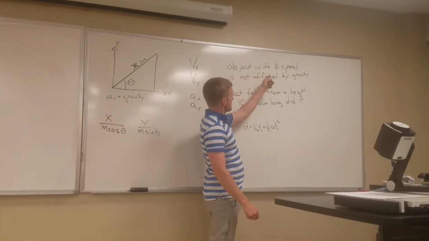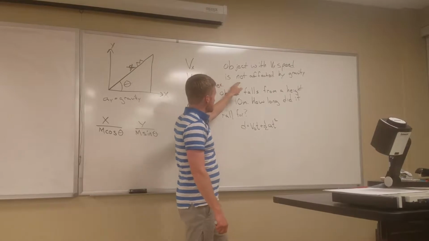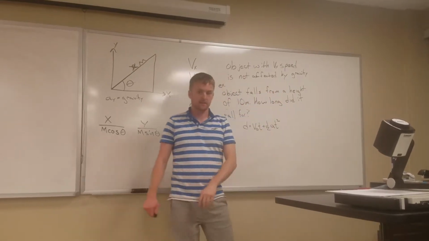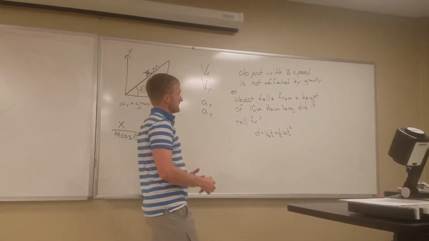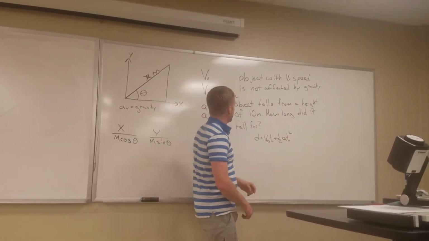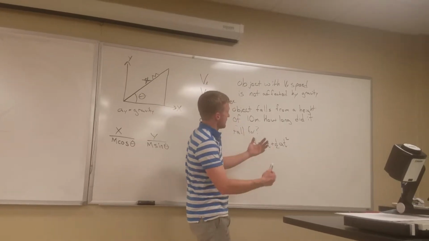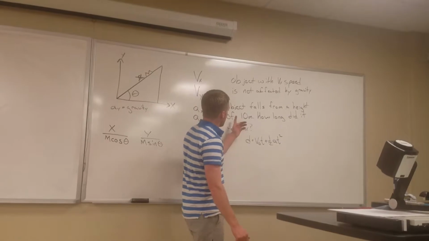Objects with velocity in the x direction are not affected by gravity. You do not put gravity in a Vx formula. So to solve a particular problem, here we go.